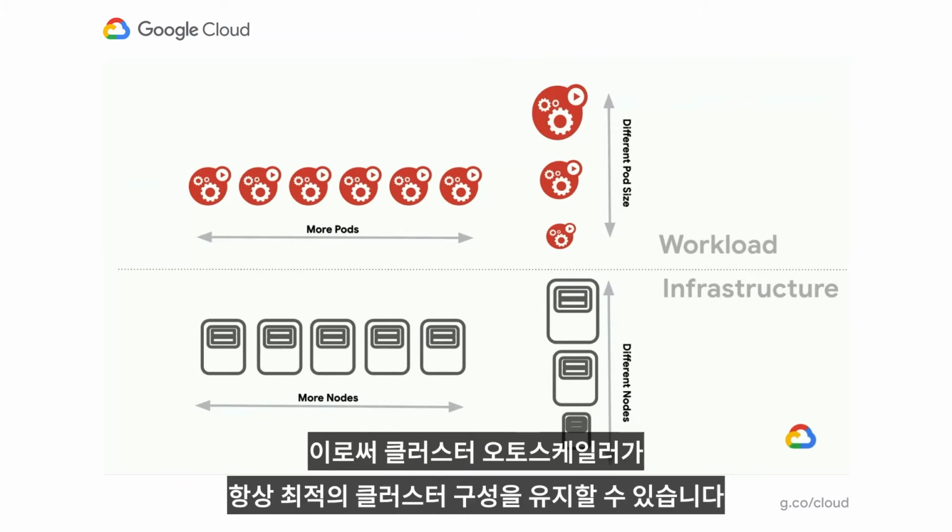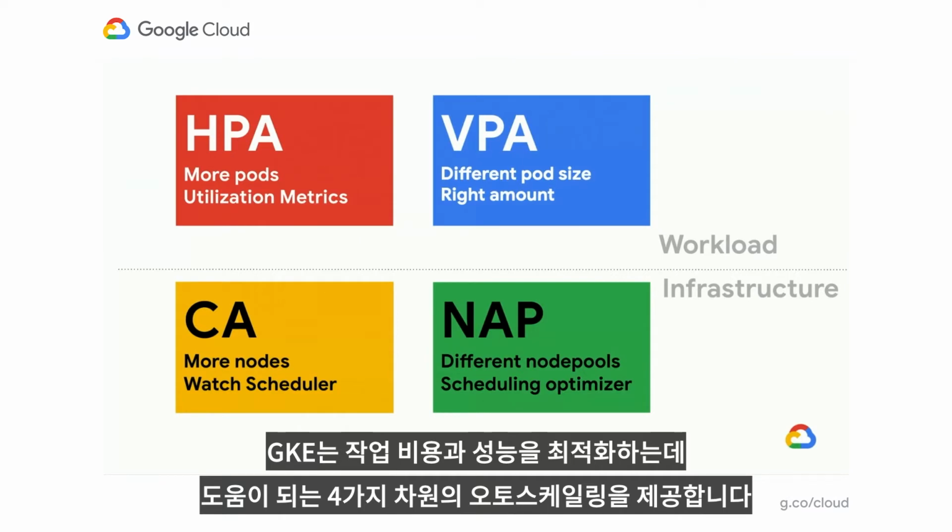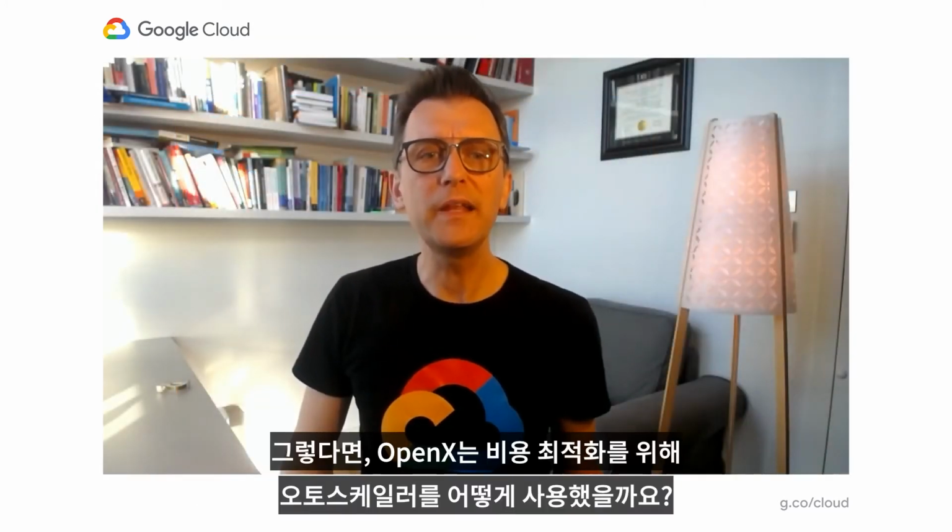This way, Cluster Autoscaler can always keep the most optimal, meaning cheapest, configuration of your cluster. So, in summary, GKE is offering 4 dimensions of autoscaling to help you optimize cost and performance of your workloads. So, how did OpenX use them to optimize for cost?